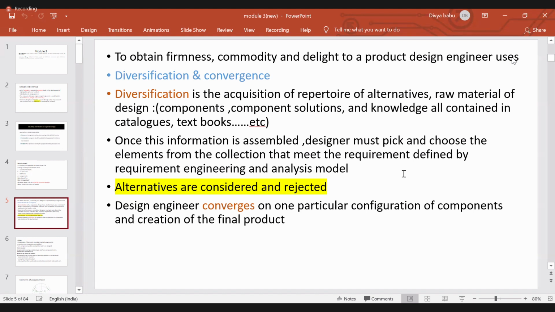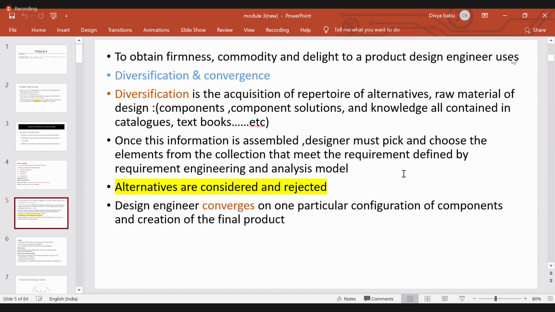And once the information is assembled, we can pick and choose the elements from the collection that meet the requirement. Means you have to convert all these things into a single thing. That is our model. Different models based on different perspectives, you can create different models. But the best one, which is suited for your thing, you can choose. So alternatives are considered and rejected.